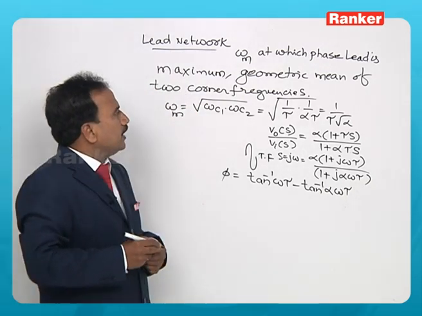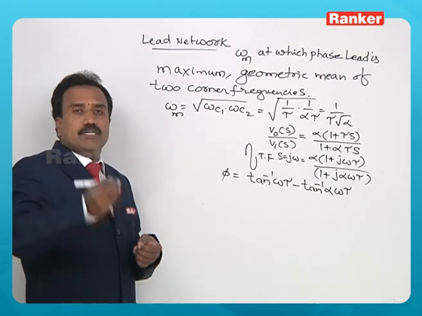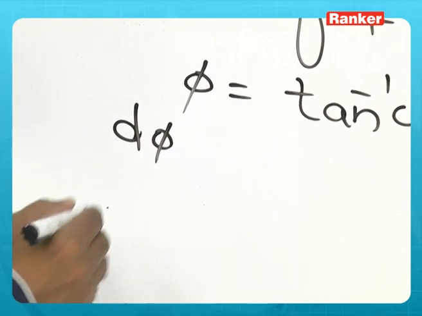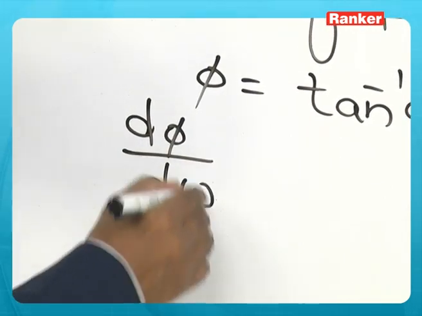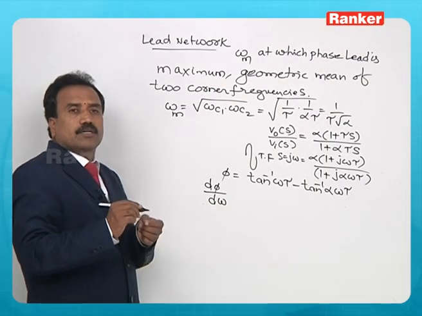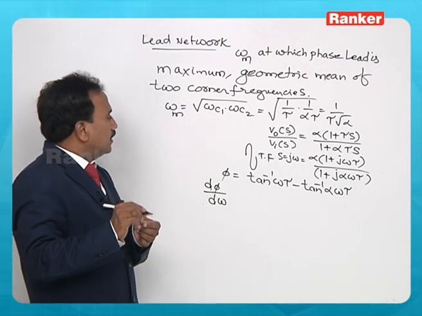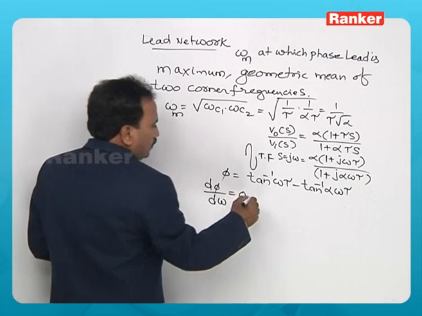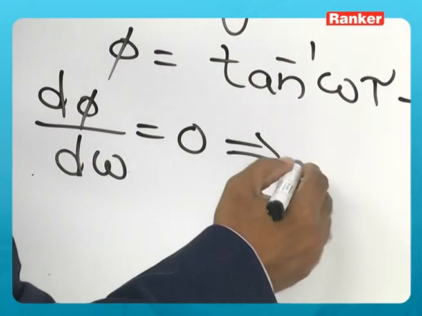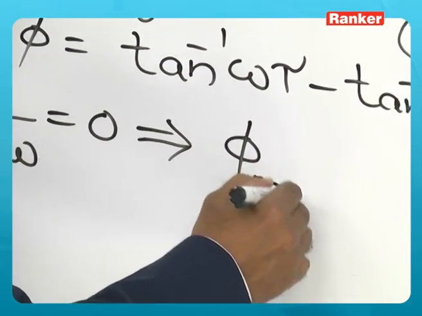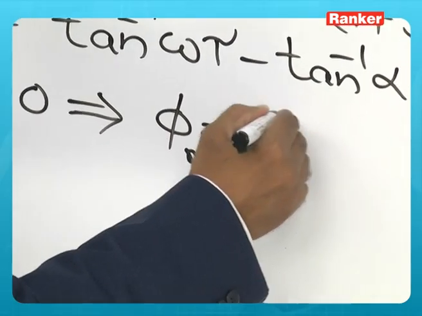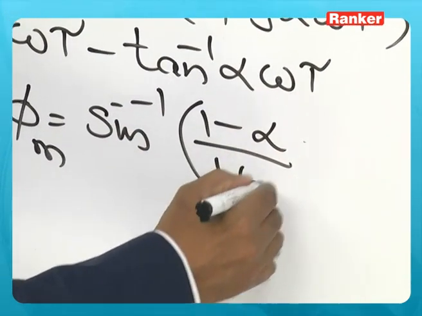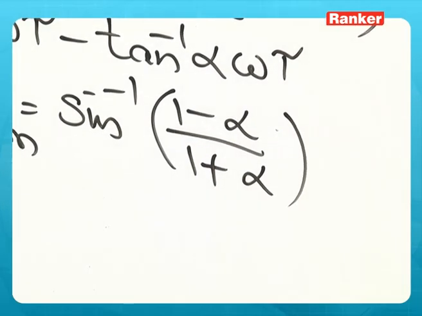So if I want to get the maximum phase lead, I must differentiate this phase angle function with respect to omega, because at a certain omega the phase angle is maximum, and equate it to 0. This leads to the phase angle phi m equal to sin inverse (1 minus alpha) by (1 plus alpha).